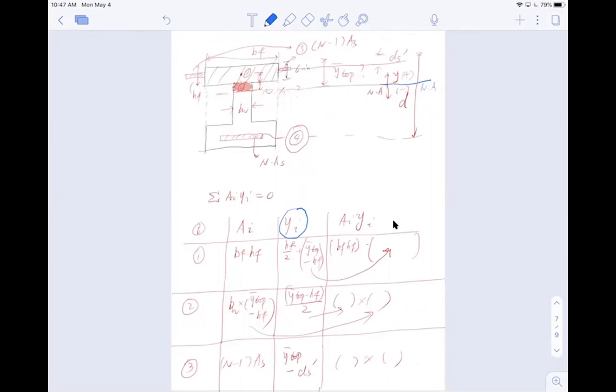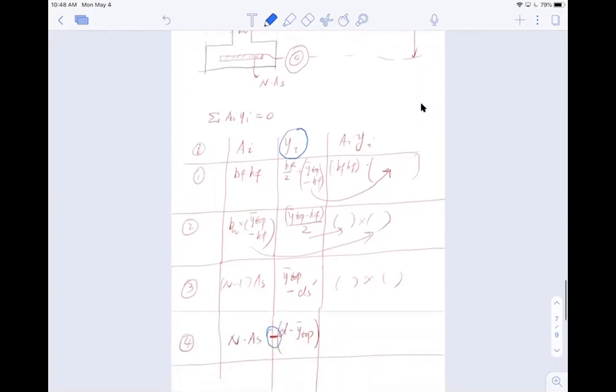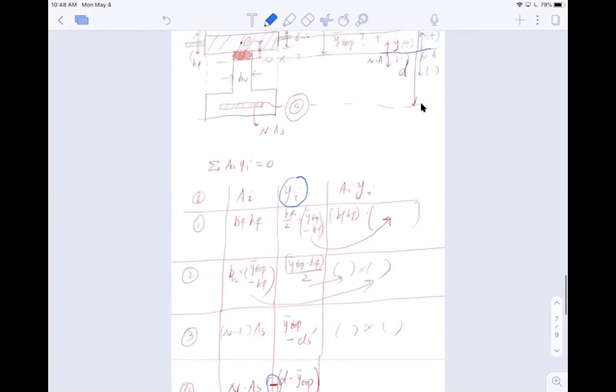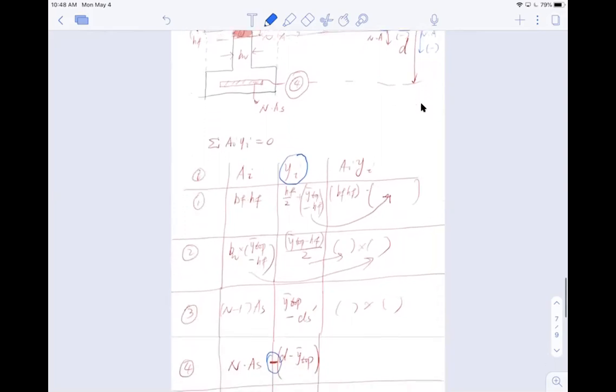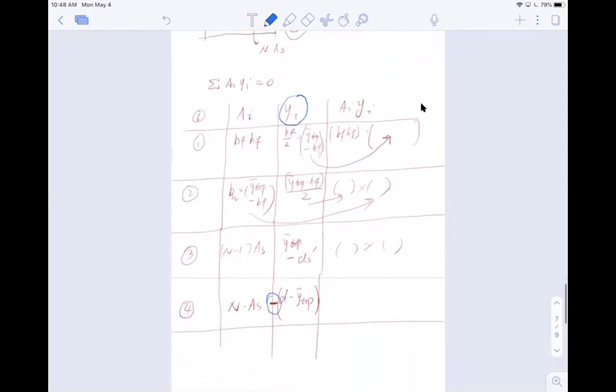When we define that distance, we set the neutral axis as the zero point, and the compression zone, which is the top, has a positive sign, distance-wise. And this is a negative sign. That's just how it was defined. So the negative sign here is just by definition.